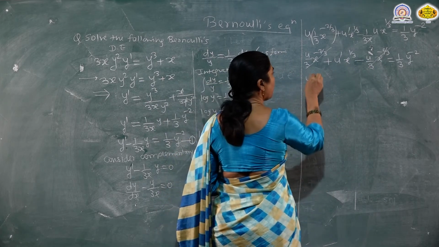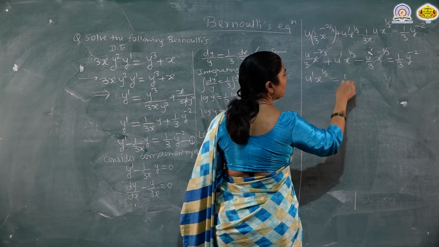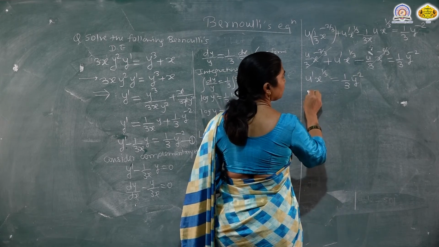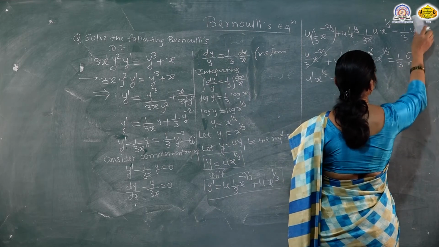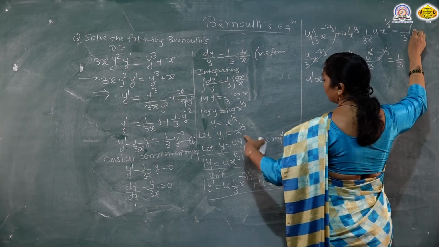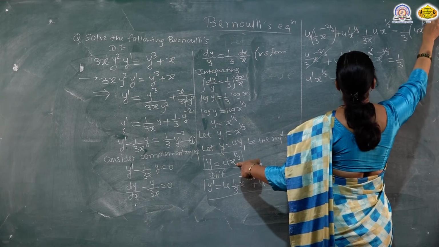So we get u' x raised to 1 by 3 is equal to 1 by 3 y raised to minus 2. What is our y? u x raised to 1 by 3. So we will put here also the value. We have y is nothing but (u x raised to 1 by 3) raised to minus 2.